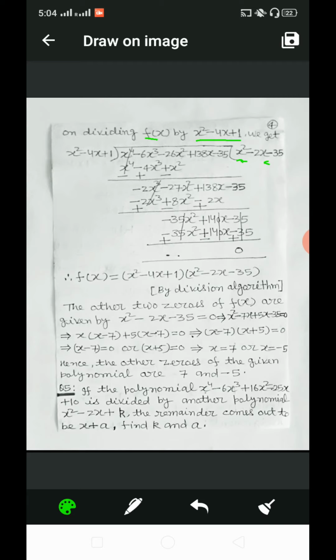Here the first term is minus 35x square, so we take the quotient as minus 35 and it is multiplied by x square minus 4x plus 1. We get minus 35x square plus 140x minus 35, and after solving we get the remainder is 0. Therefore, f(x) is equal to x square minus 4x plus 1 into x square minus 2x minus 35 by the division algorithm.